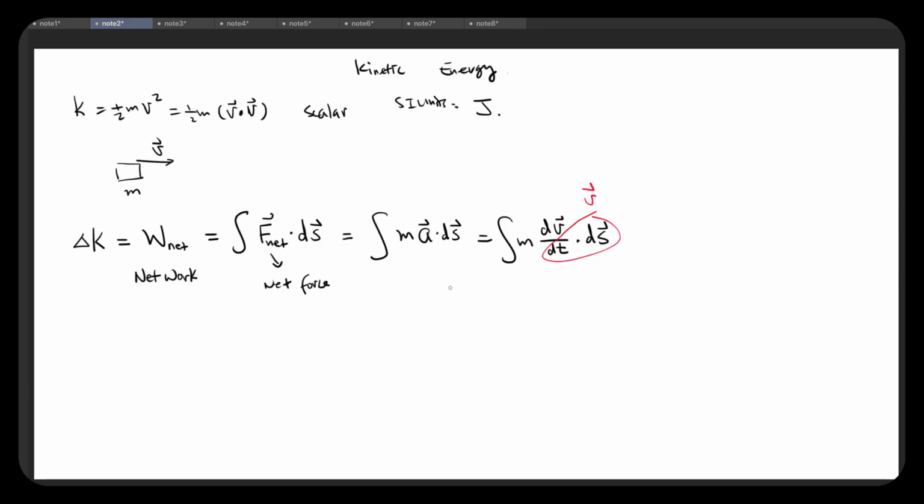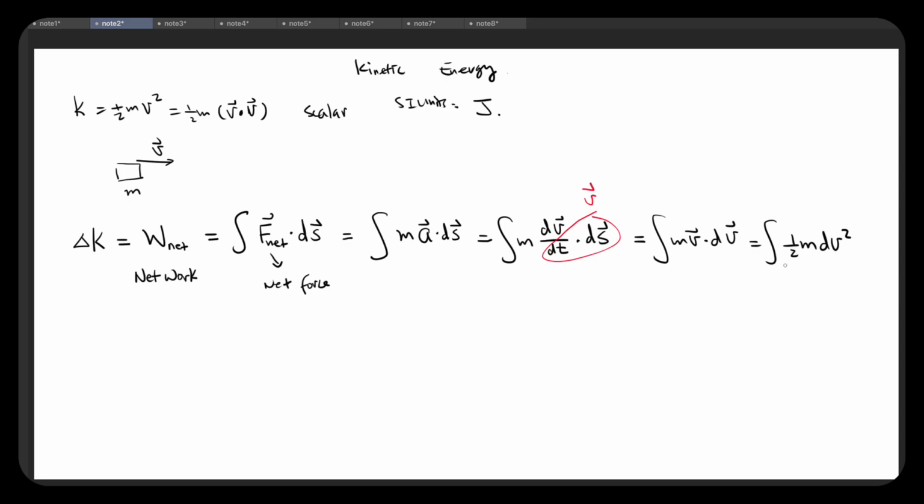So we can continue this equation: mv dot dv. And that will give us a factor 1/2 times m. If I combine this v and the other v, you get dv squared.